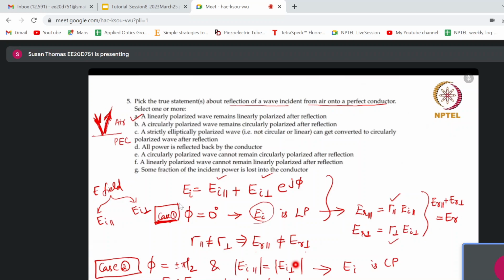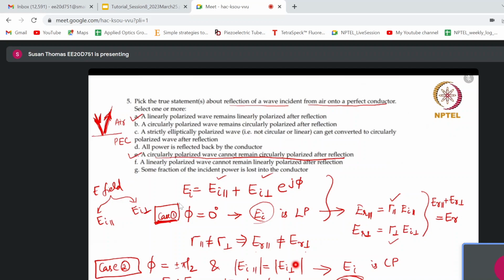So the circularly polarized incident wave will definitely become an elliptically polarized electric field. So circular polarization cannot be maintained after reflection. Let's look at statement E here: a circularly polarized wave cannot remain circularly polarized after reflection. So these are the two correct statements.